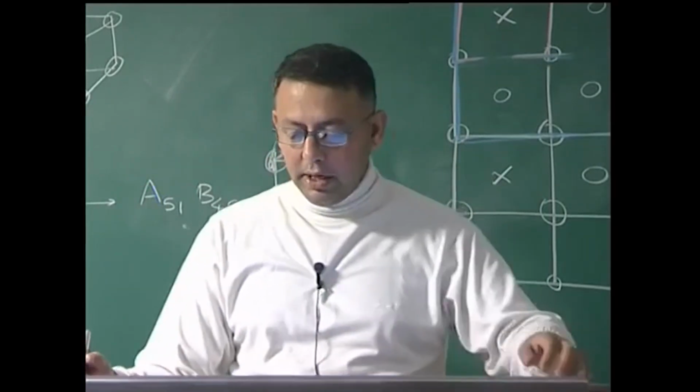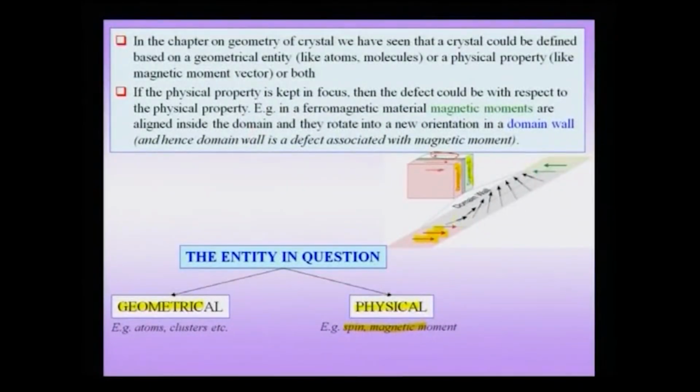As you can see here in the magnetic domain wall, the magnetization vector rotates out of plane and goes into a new orientation when you reach the domain adjacent to domain 1, which has been labeled as domain 2.